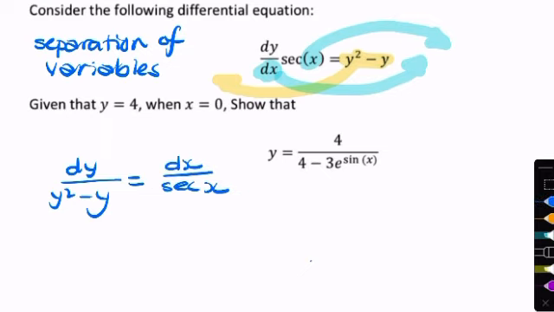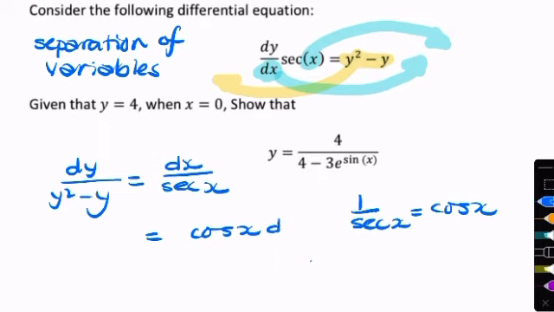Secant x is 1 over cosine x. So when you have 1 over secant x, that just means cosine x. So we can write that as cosine x dx.